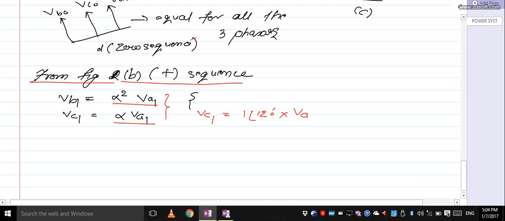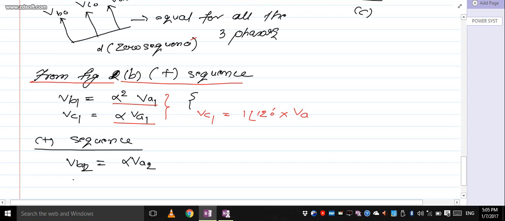Now from the negative sequence, we get VB2 is equal to alpha VA2, and VC2 is equal to alpha square VA2.